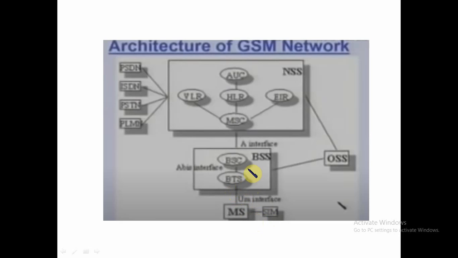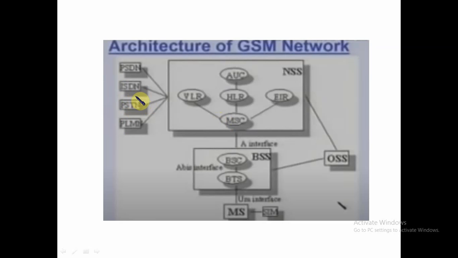Here the network management system has the home location register, that is the HLR, where your service was originally registered. Then the VLR, the visited location register, gives information to the mobile switching center, that is the MSC. This is connected to the PSTN, the ISDN, and other networks.